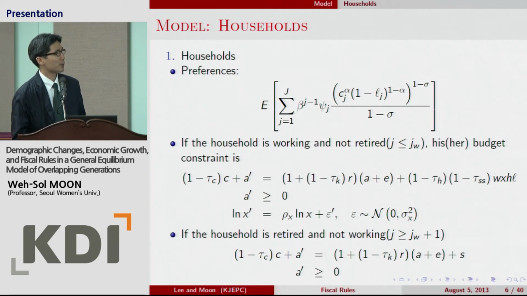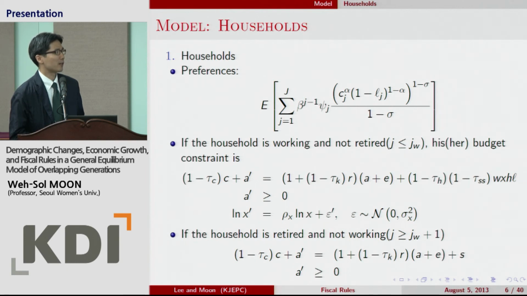The constraint is the conventional consumption-saving decision. This is income from returns on saving, this is labor income, this is tax on labor income, and this is the contribution rate for social security. Borrowing is not allowed in this setting.